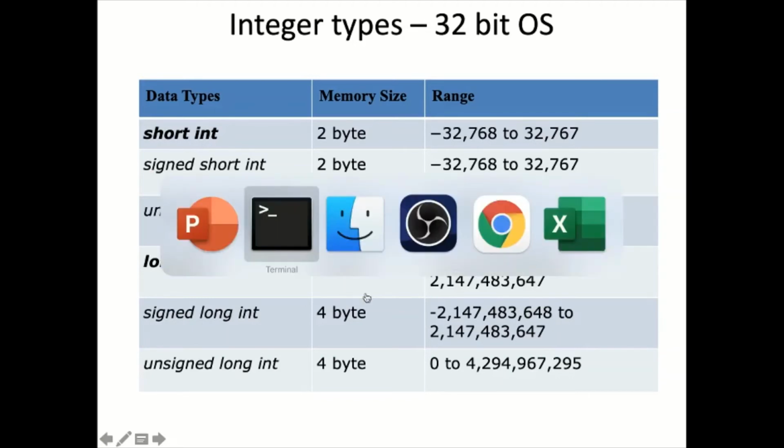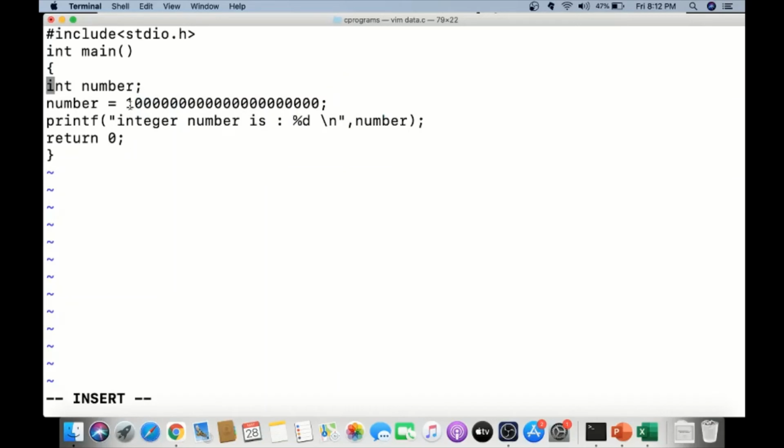So in order to store a large number, you have to make it long int, and long int also has some limit. So I'll reduce this. This is now a large number which is greater than long int. I think around 8 bytes will be allocated for this. Now you have to save this.